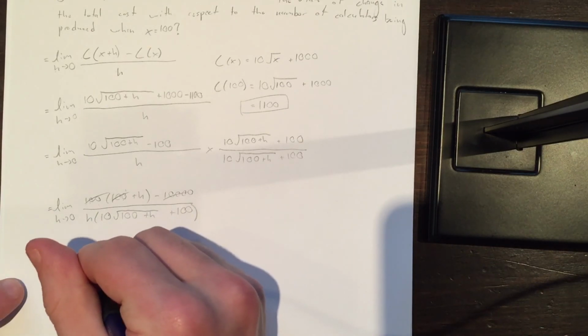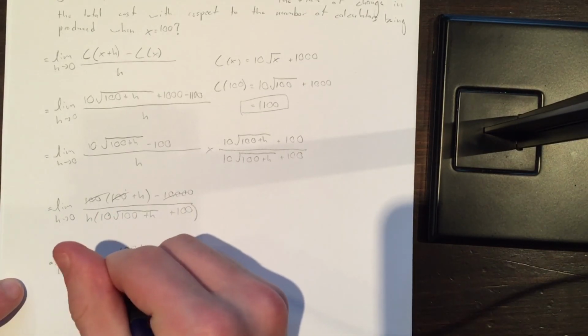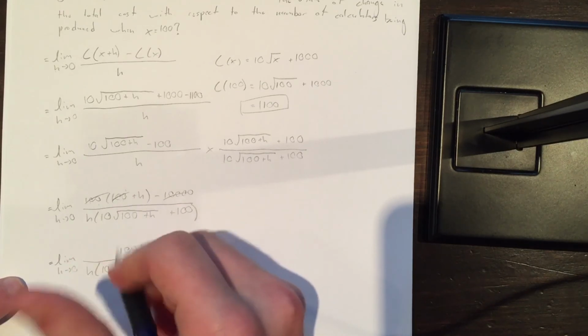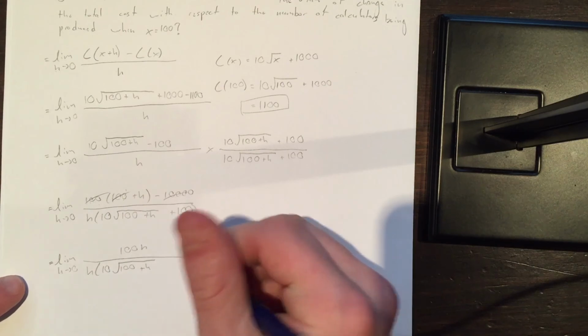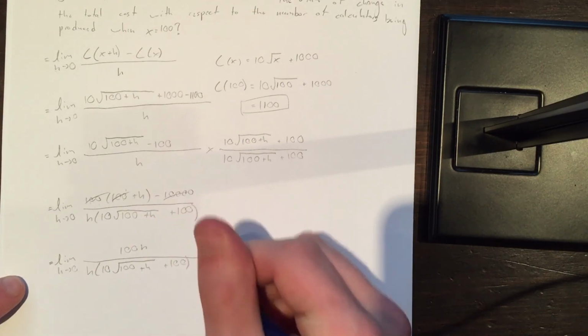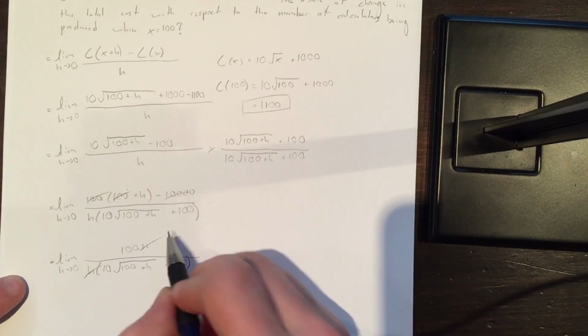As for the denominator, we're going to leave it the same, because now, as we learned from our previous examples, we can simply cancel the h out.